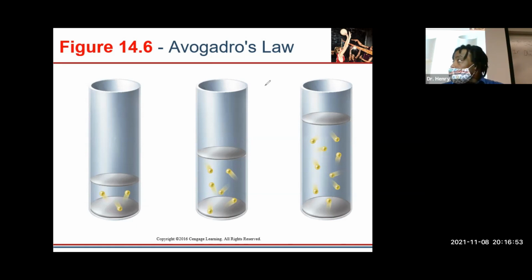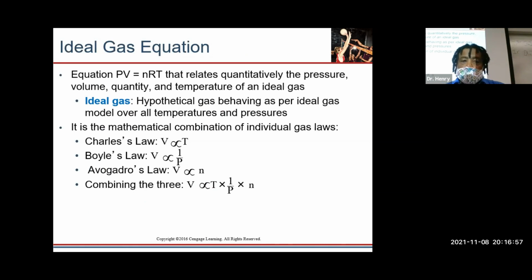So we talked about all these laws, and then we combine all three laws, and then we get the ideal gas law.